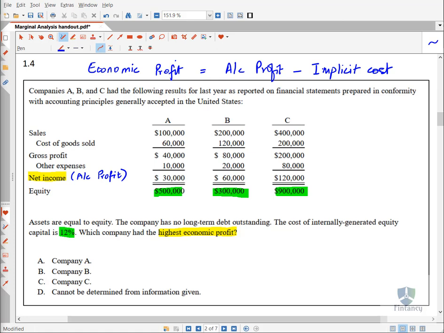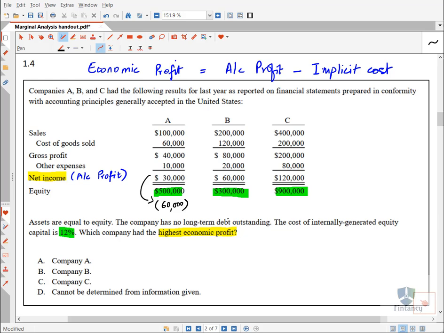Some people have already shared their answers, but they are not correct. Please try again. So how much is 500,000 into 12%? That is 60,000, right? So basically we have to deduct 60,000 from 30,000. Then next is 300,000.